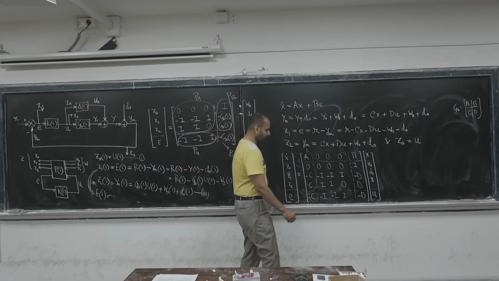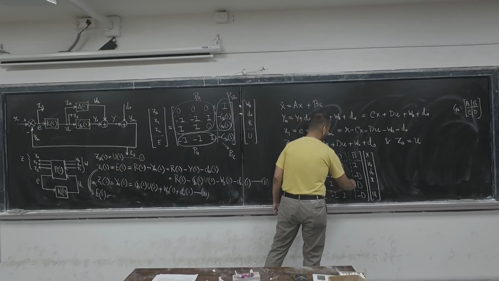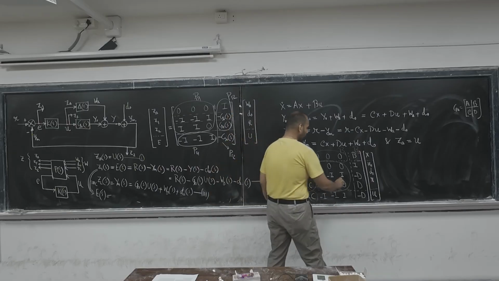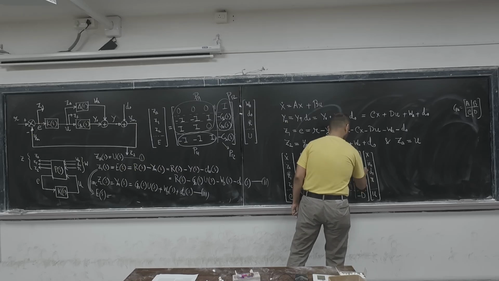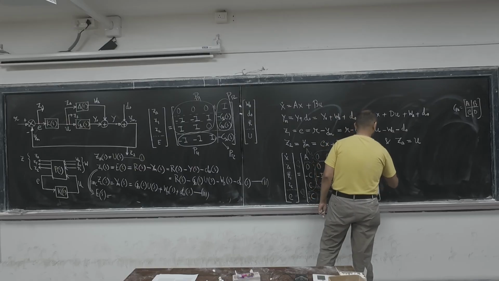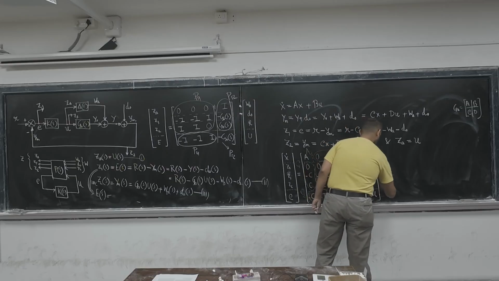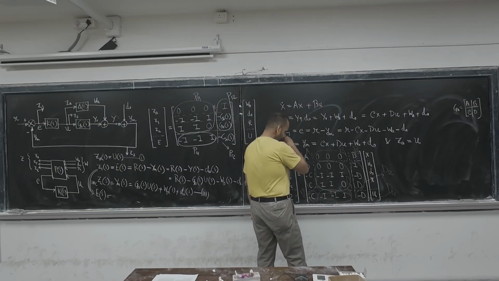Right? And then after that, this 3 by 3 block matrix, this one, that is your D11. Then D12, D22, and finally this one is D21, right?